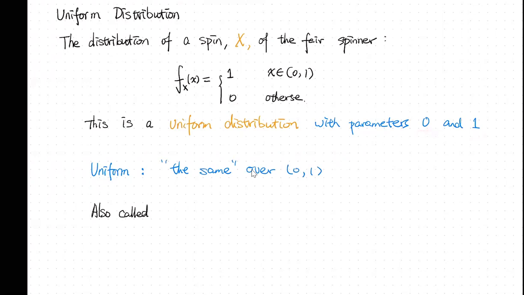So the density is flat, it's the same over the interval, and that's why the distribution is called a uniform distribution. And the uniform distribution with parameters 0 and 1 is also called the uniform distribution on the interval 0 to 1.